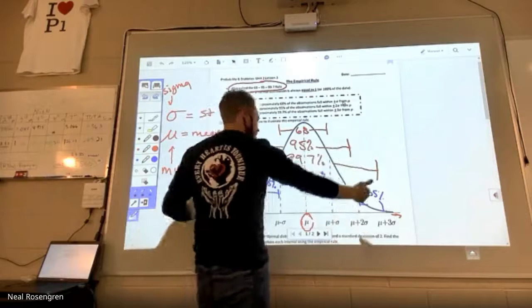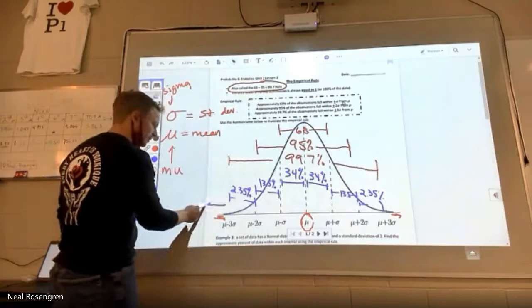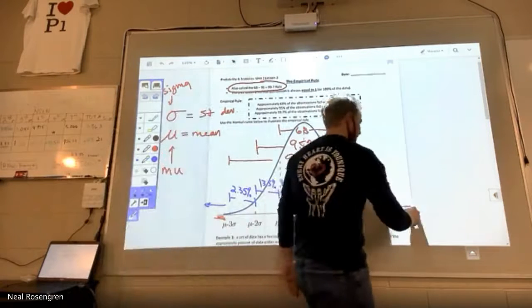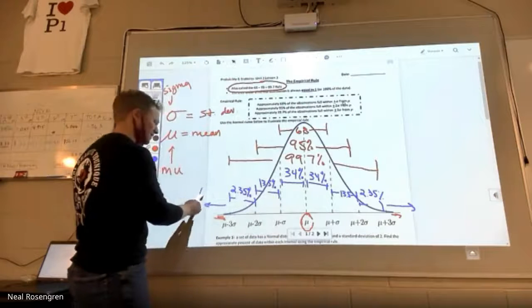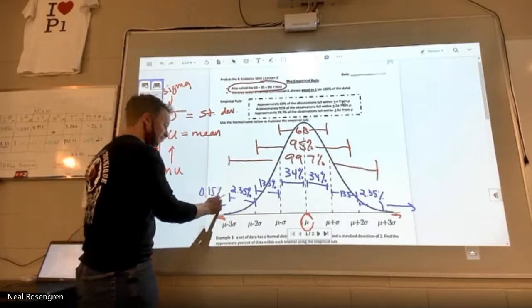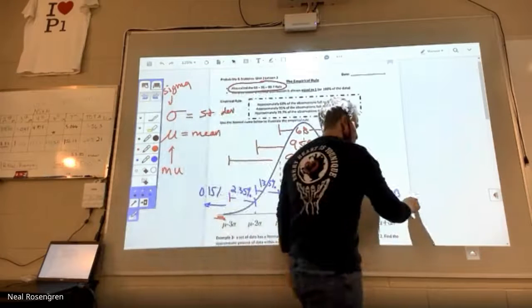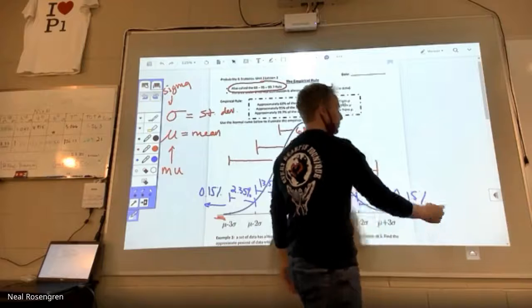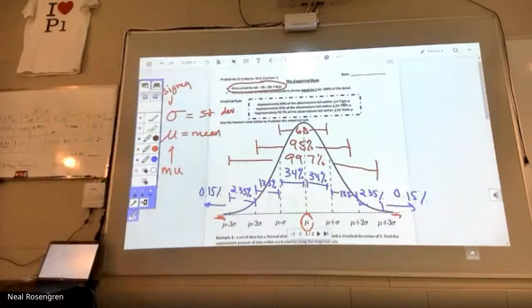Then smaller and smaller, and then you've got this tiny little section to the left and this tiny little section to the right. That's 0.15%. That's not 15%, that's 0.15%. Super, super tiny, less than 1%. And those are the numbers that we need to keep going.